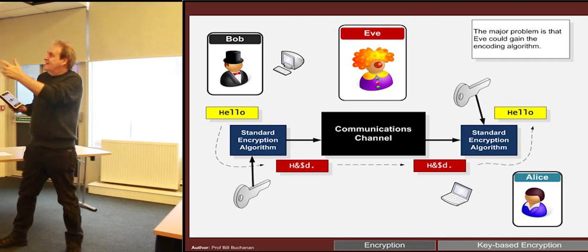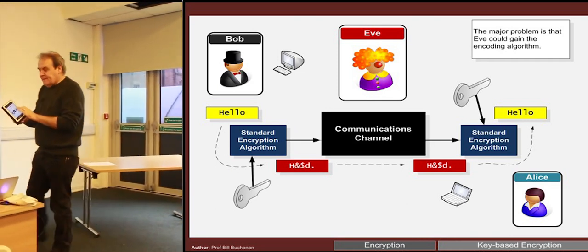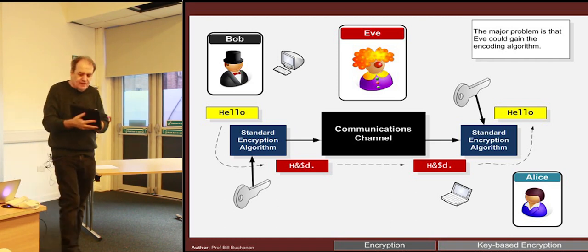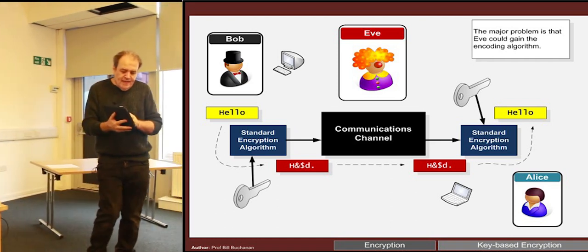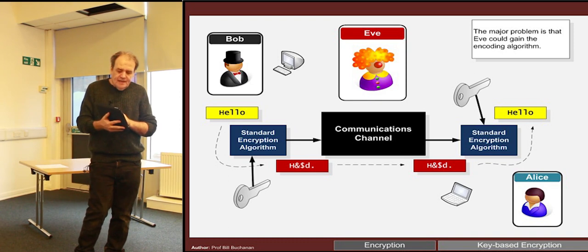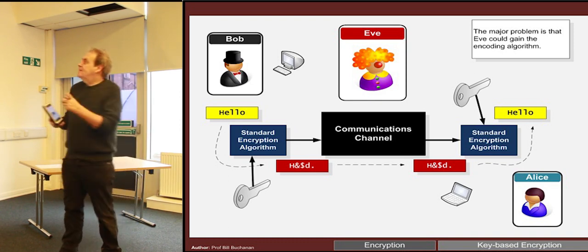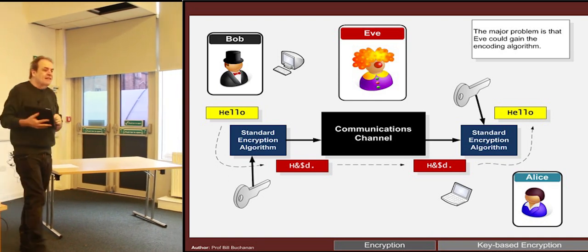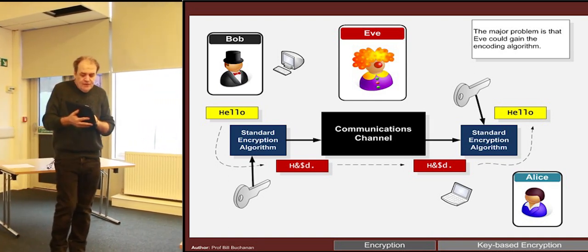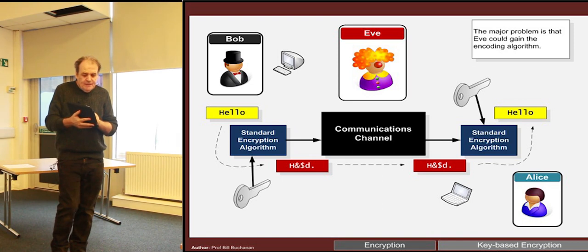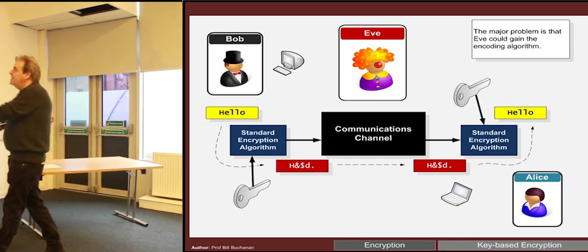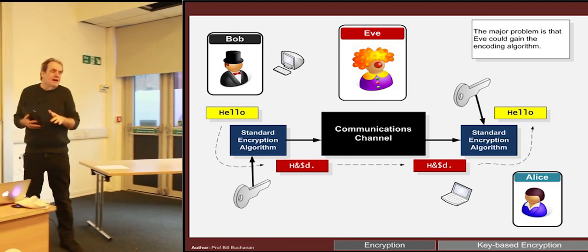So we have a competition, we define a standard algorithm, and now what we have is that we have keys. So the key needs to be generated, and we've got to watch that Eve doesn't listen to the communication so that she can find out the key. So in there we use a key exchange method to make sure that we can talk openly, and at the end of it, Bob and Alice will have the same key.